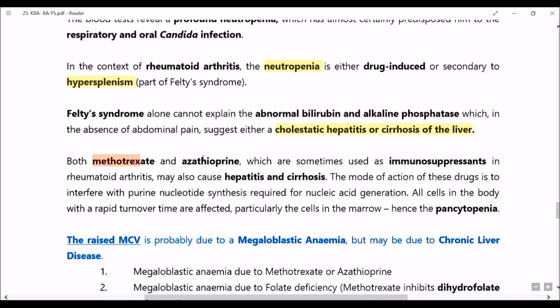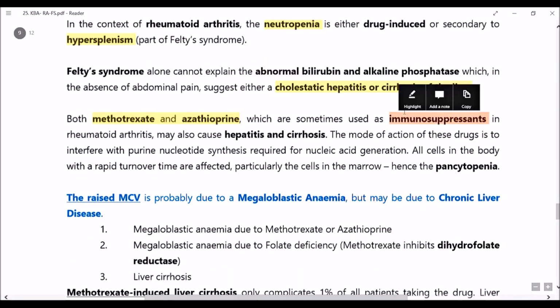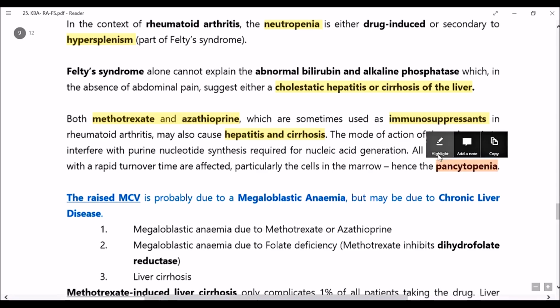But both methotrexate and azathioprine, which are sometimes used as immunosuppressants in rheumatoid arthritis, may also cause hepatitis and cirrhosis. The mode of action of these drugs is to interfere with the purine nucleoside synthesis required for nucleic acid generation. All cells in the body with rapid turnover are affected, particularly the cells in the marrow, hence the pancytopenia.